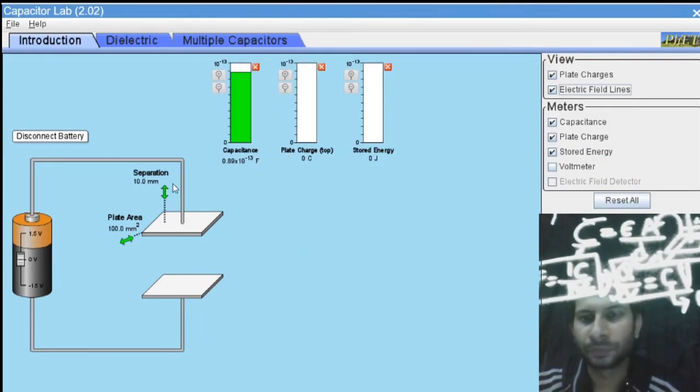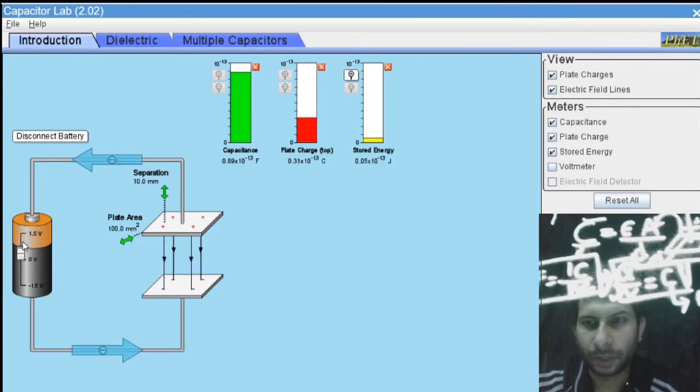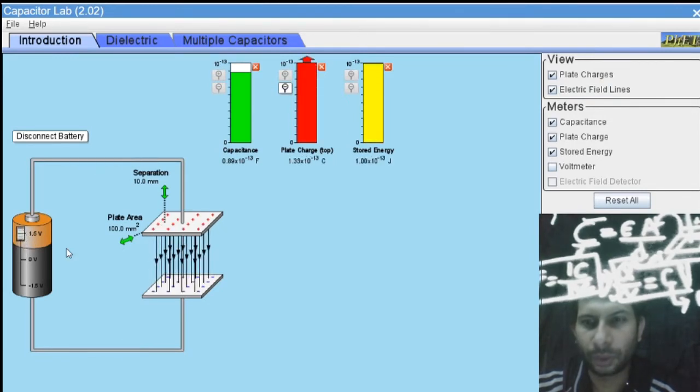Suppose we provide positive 1.5 volt from the battery. That means this is the positive terminal of the battery, and the bottom black side is the negative of the battery.